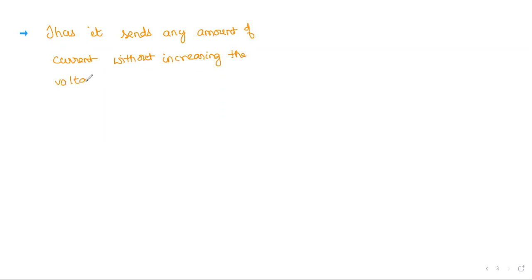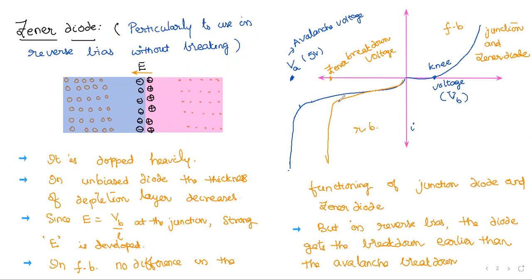Without increasing the voltage. That you can see here. At that voltage only, Zener breakdown voltage only, it is sending any amount of current. 2 microamperes, 3 microamperes, 4 microamperes, 5 microamperes, 6 microamperes, 10 microamperes, any amount of current it is sending. But voltage, breakdown voltage will be same. At that voltage only it is sending.